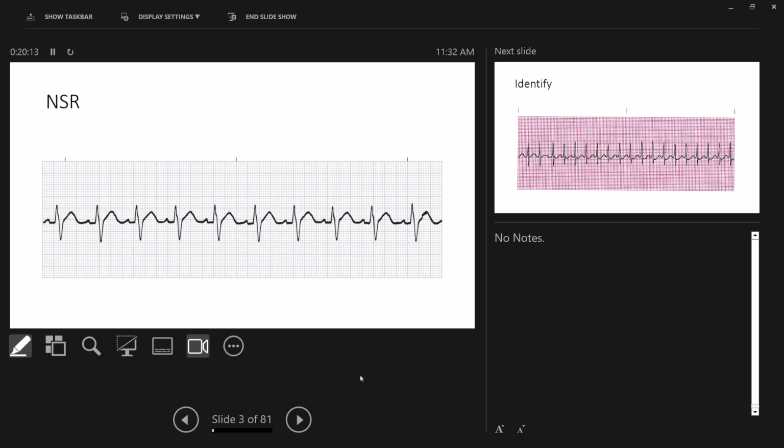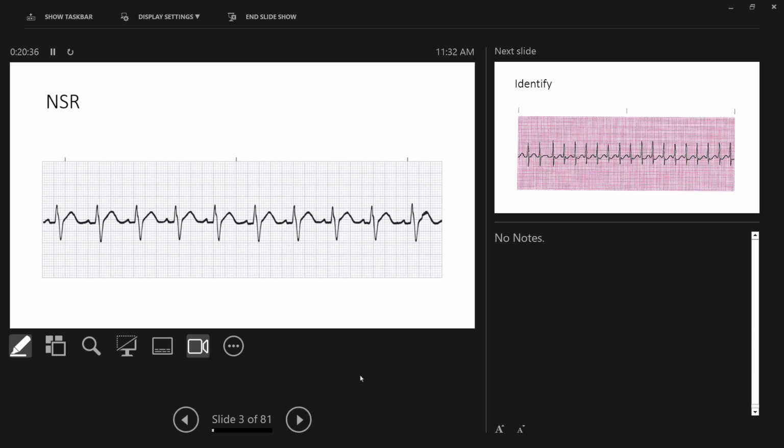So, for example, when you have a rhythm that is a first degree block, you're not identifying the underlying rhythm. Almost always, that underlying rhythm is going to be one of two rhythms, which is going to be what? Normal sinus or sinus Brady. Okay, normal sinus or sinus Brady.